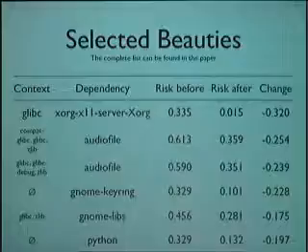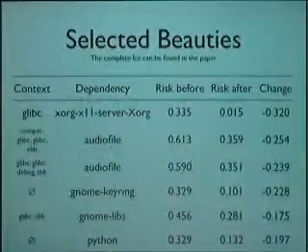Now, what about the others? What about those packages where the risk goes down, what we call the beauties? Interesting here, you have GNOME libs. If you write an application for GNOME, and you depend on glibc and zlib, your risk goes down by 17.5%. Now compare this to Qt and KDE.